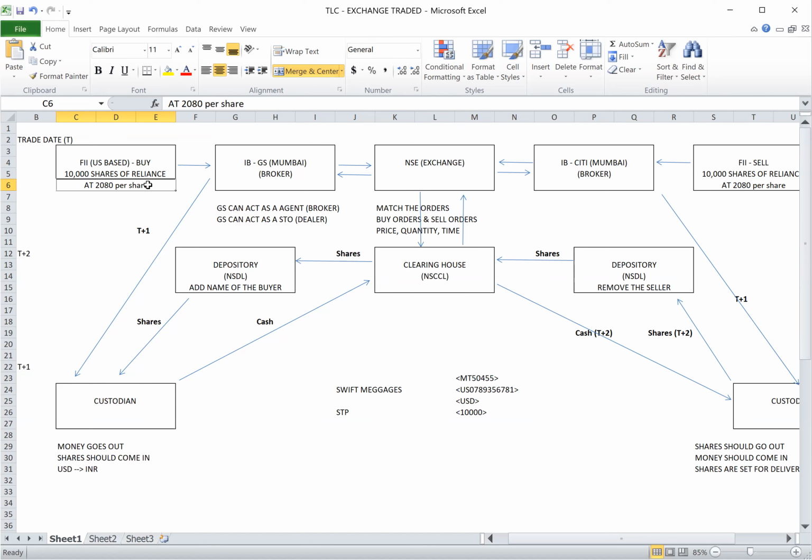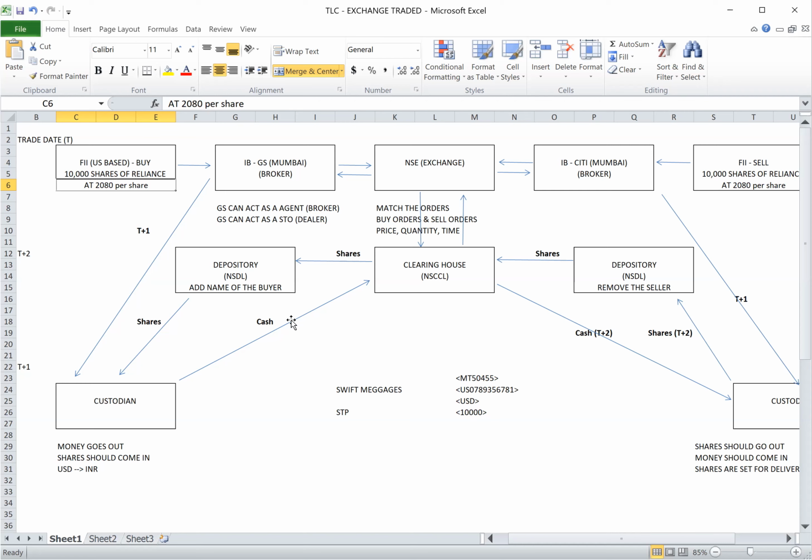Okay, got it. So every institutional investor will have a custodian. Are we clear with this, guys? Everybody clear with the custodian, right?